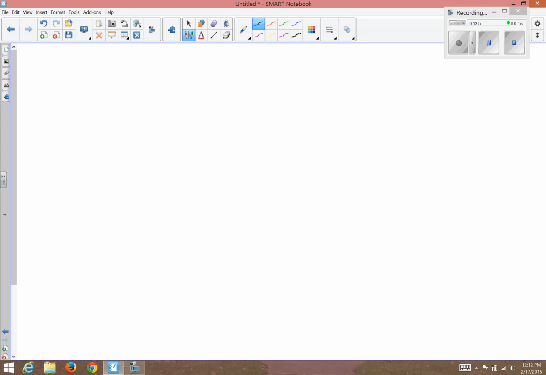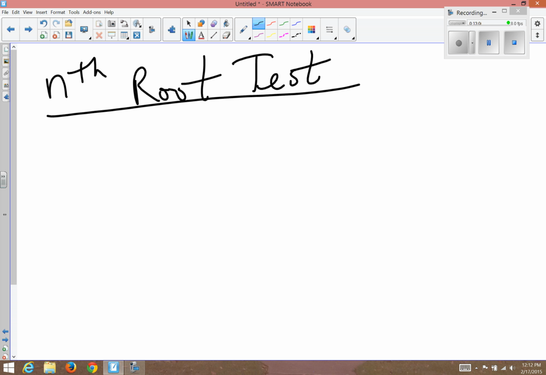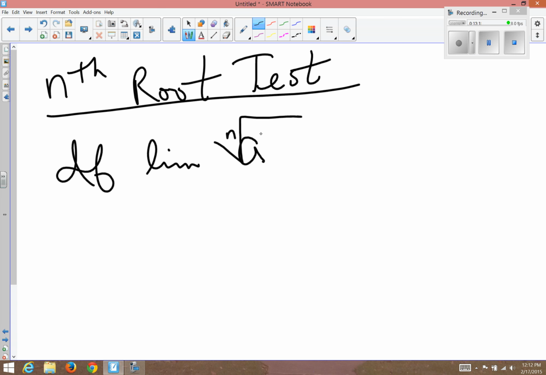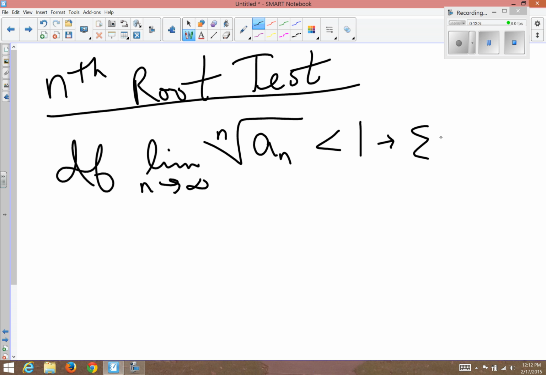The next test is called the nth root test. If the limit of the nth root of the nth term as n approaches infinity is less than 1, then the series converges.